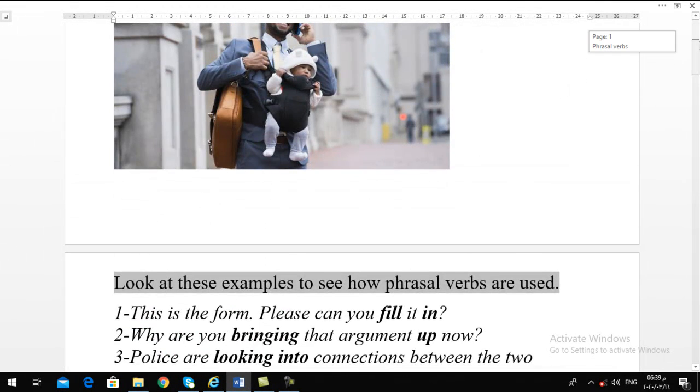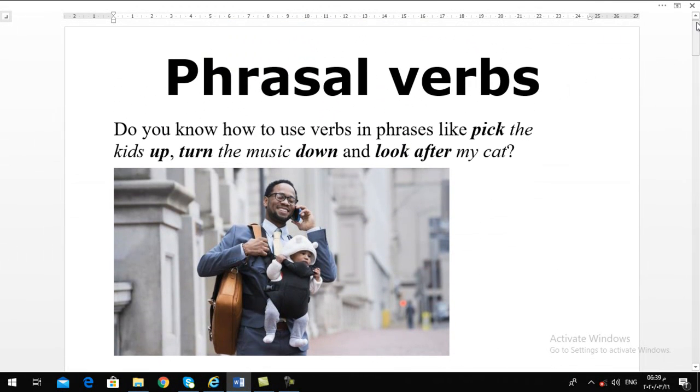So what's a phrasal verb? Do you know how to use verbs in phrases? Verbs in phrases like pick the kids up, turn the music down, look after my cat. You see?